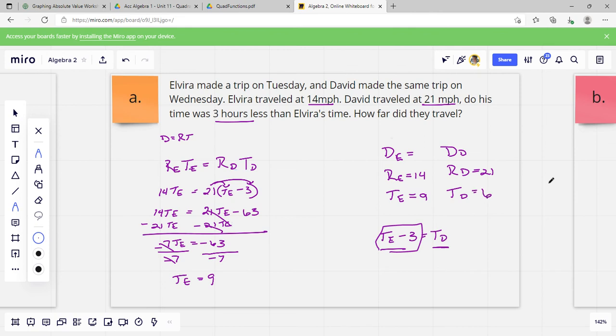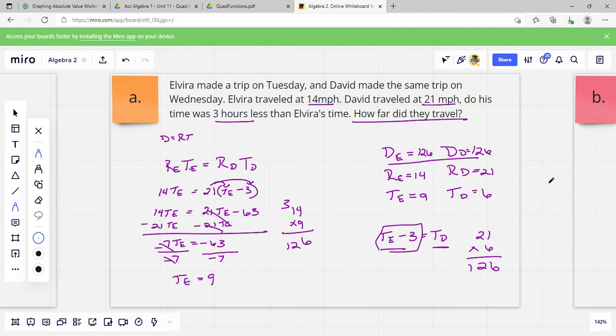And what we need to know is how far they traveled, so we need to know these distances right here. 9 times 14. 9, 10, 11, 12, 126. Just to double check, I'm going to multiply the other one. They should be the same.